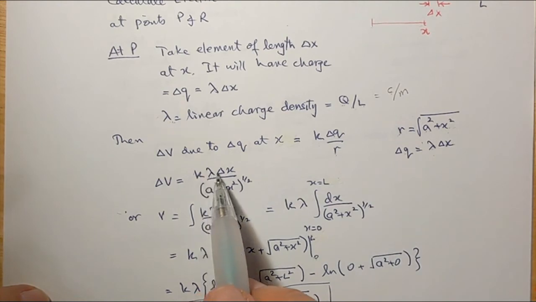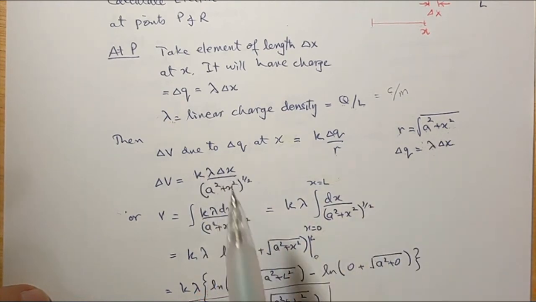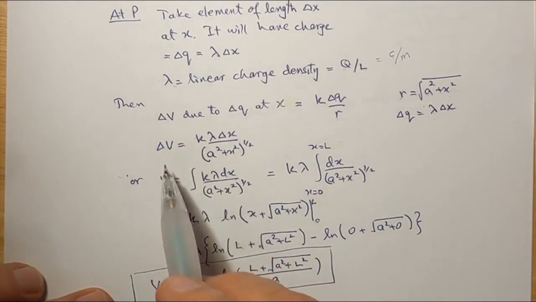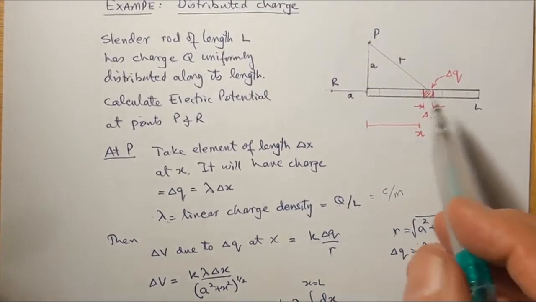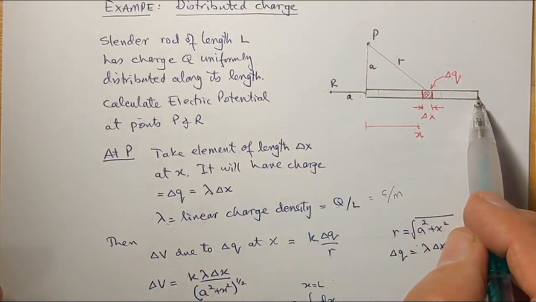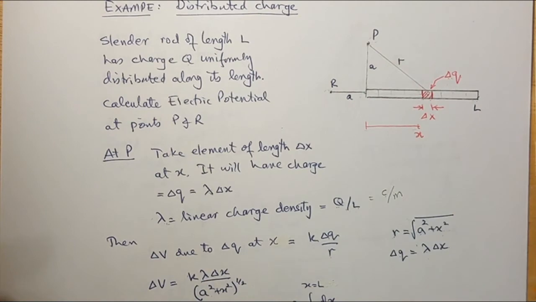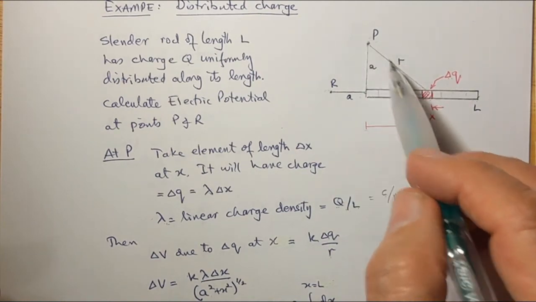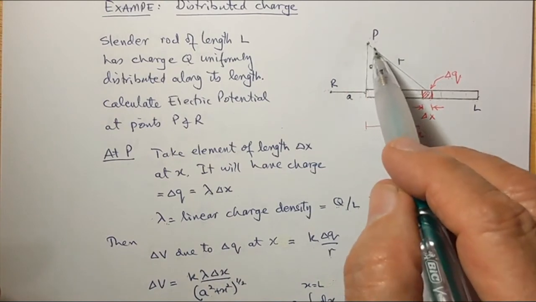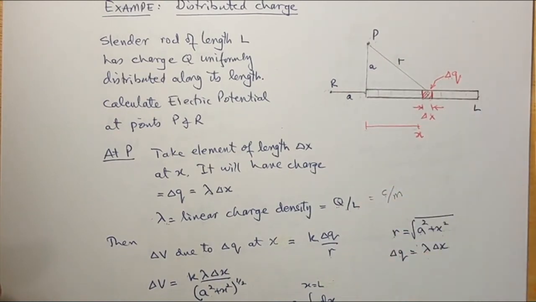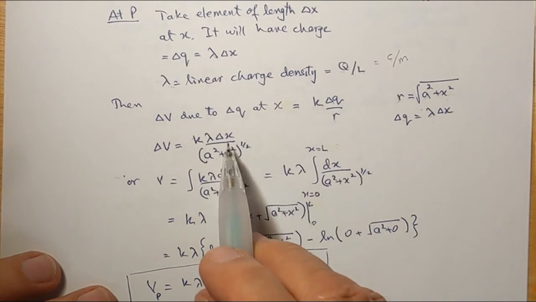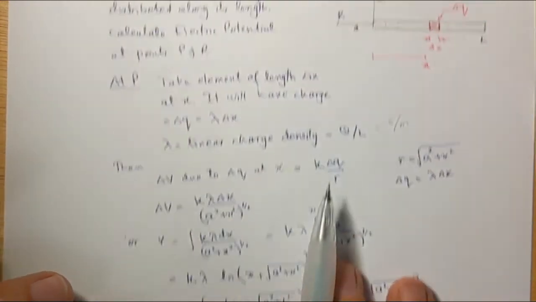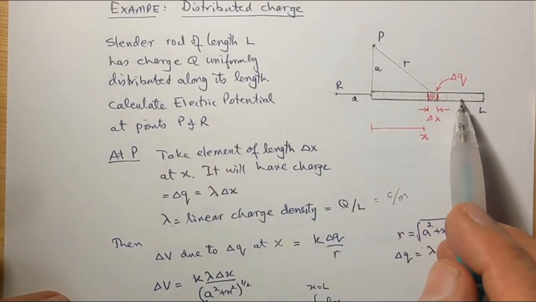We get k lambda delta x over this, and then we do the integration over the entire length, and so we will integrate this, and the limits will be from r equals a to r equals this whole distance. Or since we're doing it in terms of delta x, delta x will go from 0 to L.